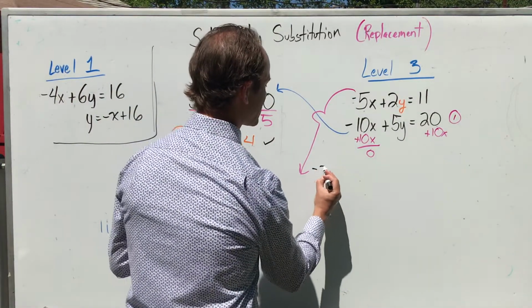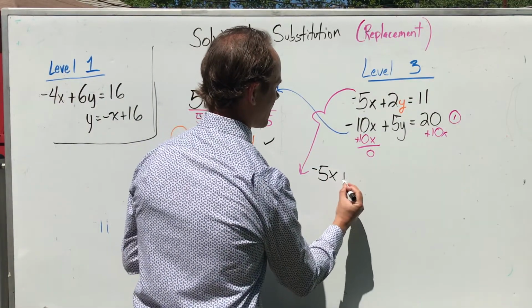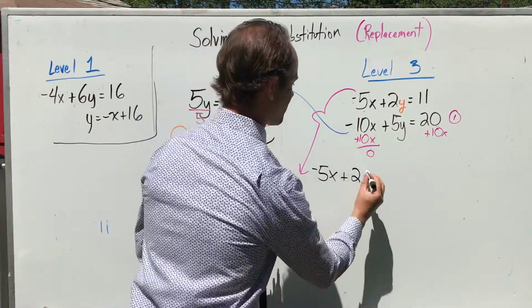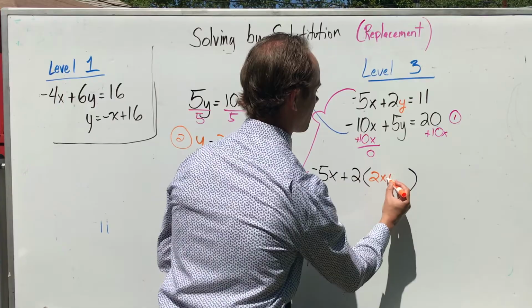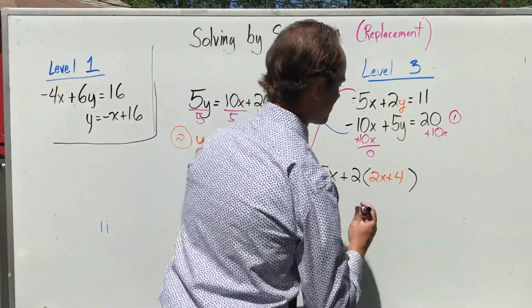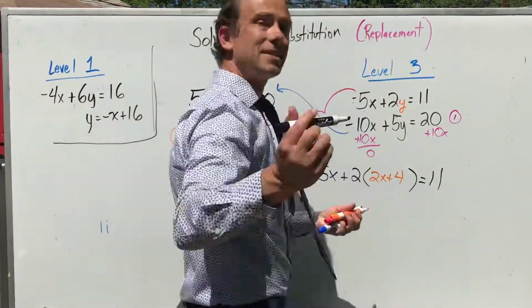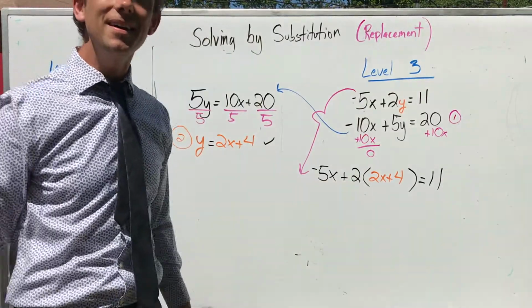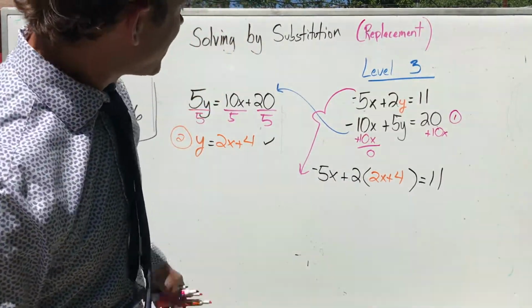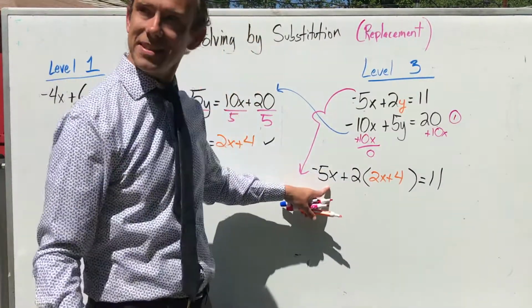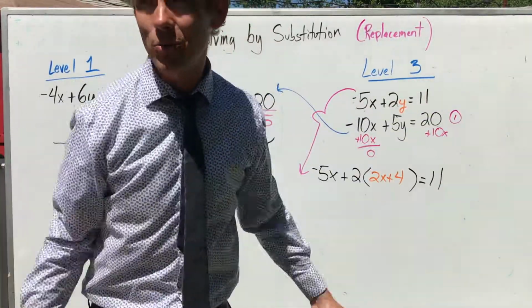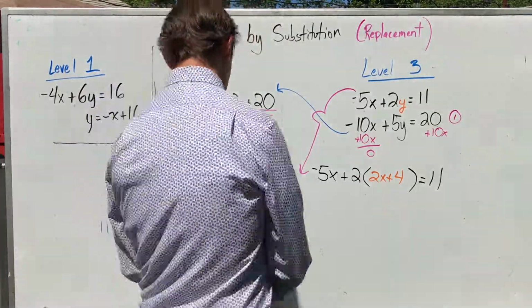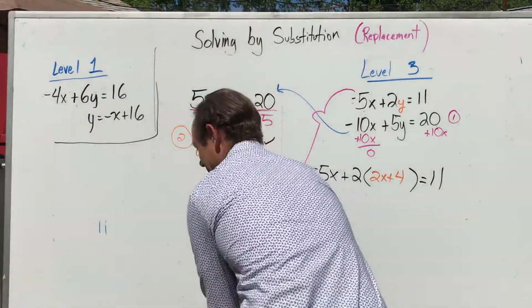We're going to go like this. Ta-da! That's how we be. Now we got an equation with all x's, right? So that is something we can solve because there's only one thing we don't know. So I'm going to solve that real quick.